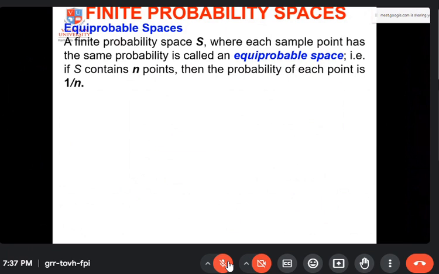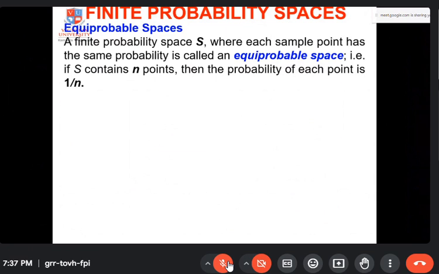For example, with these coins, the chances are the same. So we say that is an equiprobable space where all the sample points have equal chances.